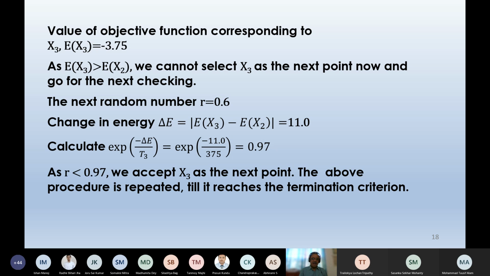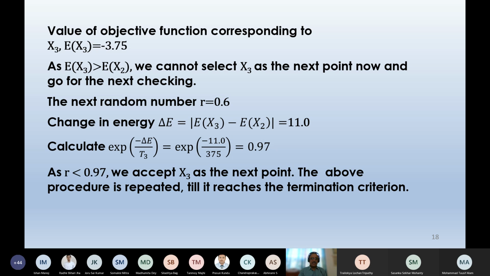And we try to calculate the exponential. If you remember, R should be less than or equal to this particular expression. So I'm just going to calculate exponential of minus delta E by T3. Its value is found to be 0.97.